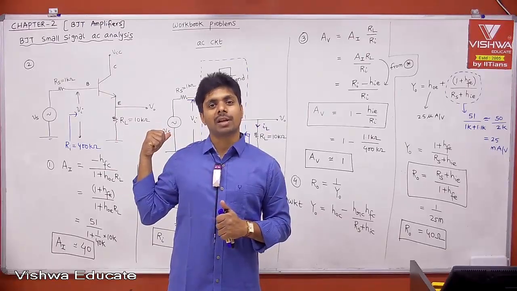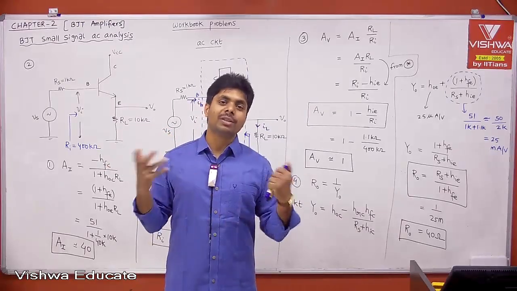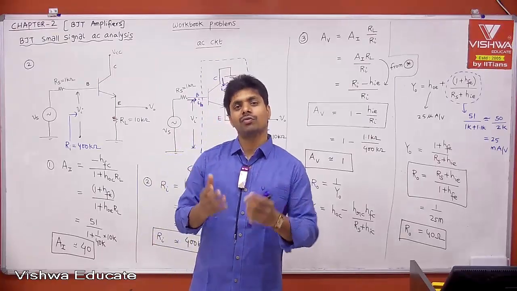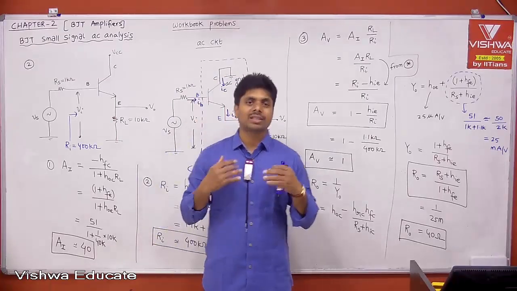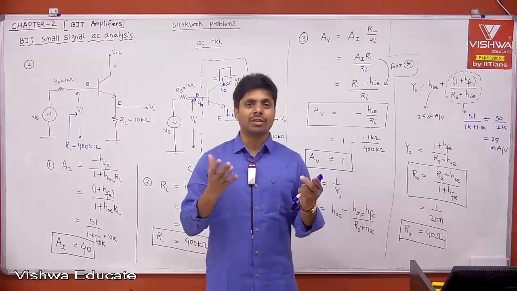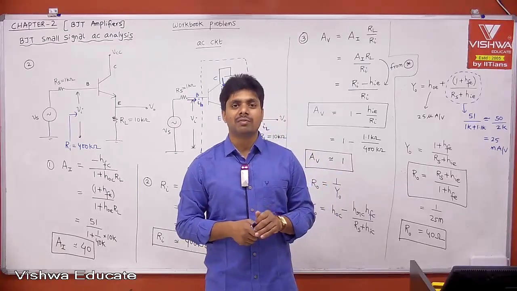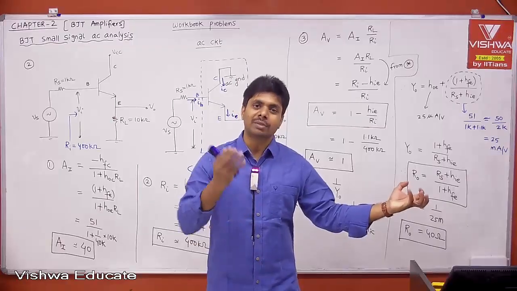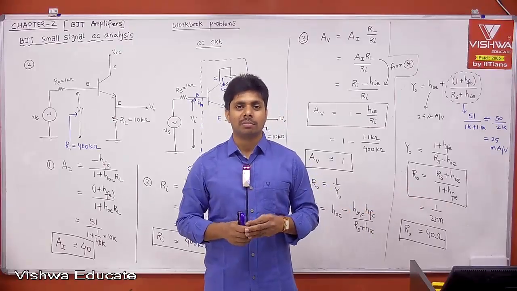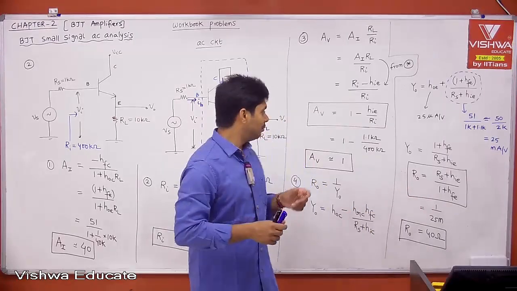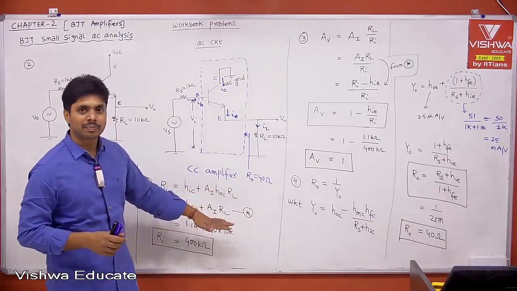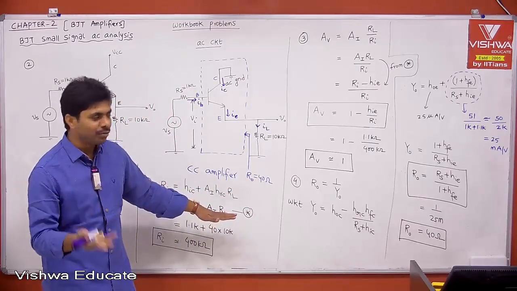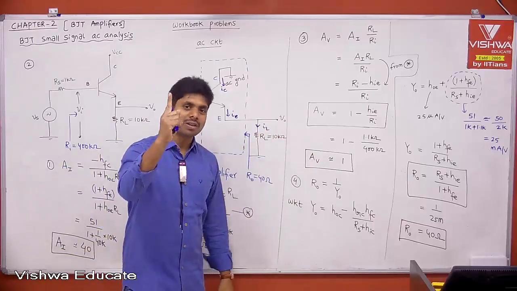If you take the common collector amplifier, we have very good impedance matching, but there is no voltage gain. If you compare these two, I can say the CE amplifier is better. Even though it doesn't have impedance matching, which ultimately gives lesser voltage gain, at least you are getting minus 200. But in the case of the CC amplifier, we have very good impedance matching to utilize your available voltage gain, which is nothing but 1. Therefore, your overall voltage gain is 1.